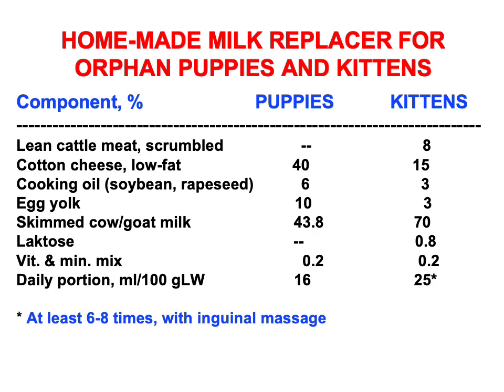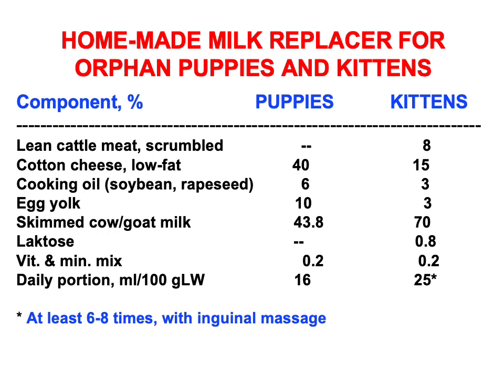Of course, we can use as a basic skimmed cow milk, but if possible, goat milk. This is the basic. And we have to increase the protein, fat, and mineral and vitamin content. You see that for the puppies, for both, we can use cottage cheese, low fat.